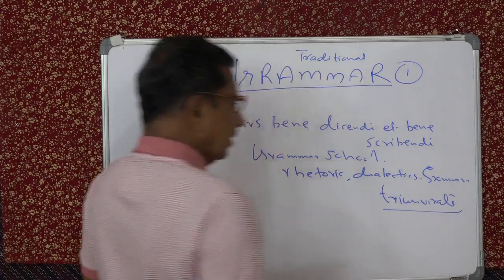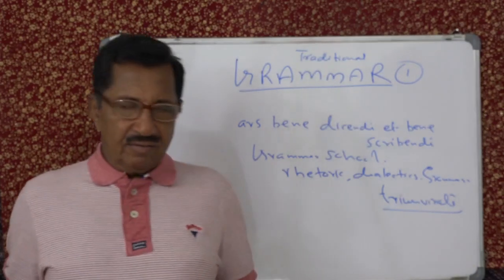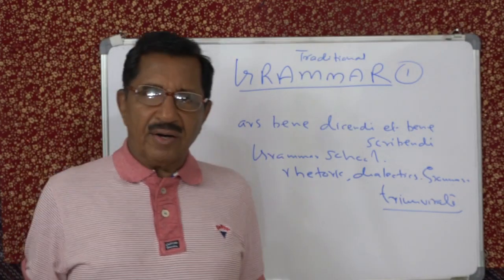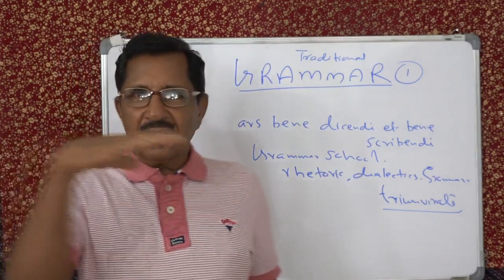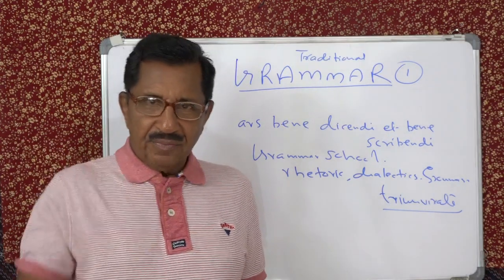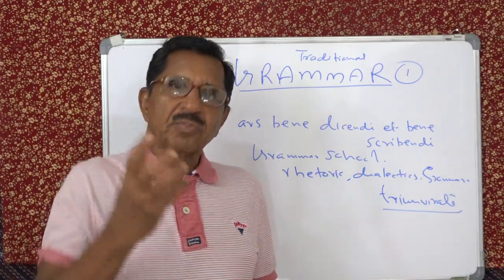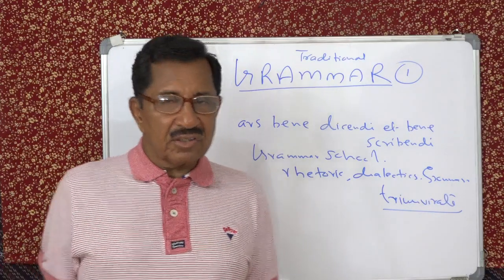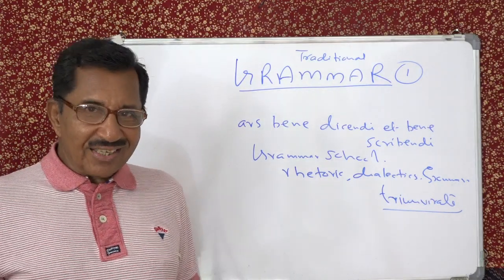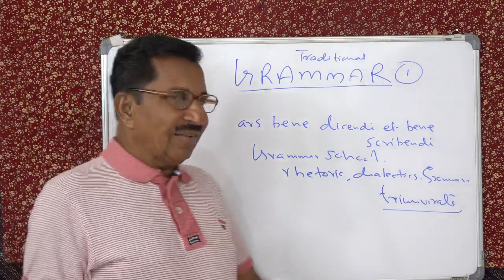Triumvirate means three main persons. Rome was once ruled by triumvirates, three persons instead of one. Like that, a triumvirate in the field of education. Rhetoric means the art of speaking. Demosthenes was the great rhetorician. So that is rhetoric, dialectics and grammar.